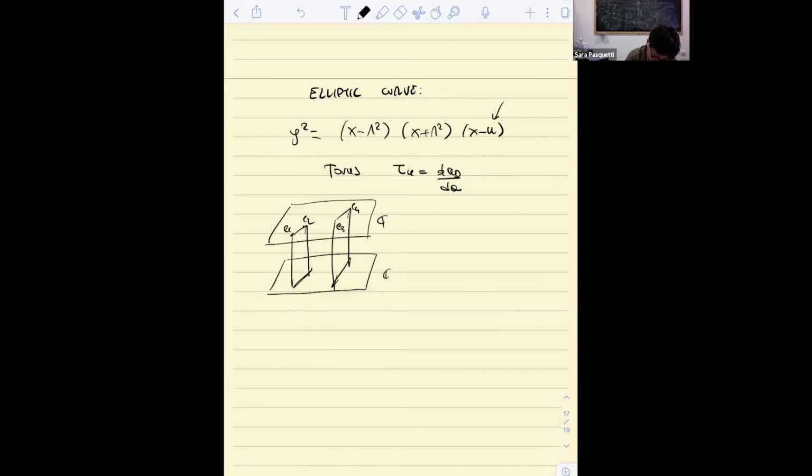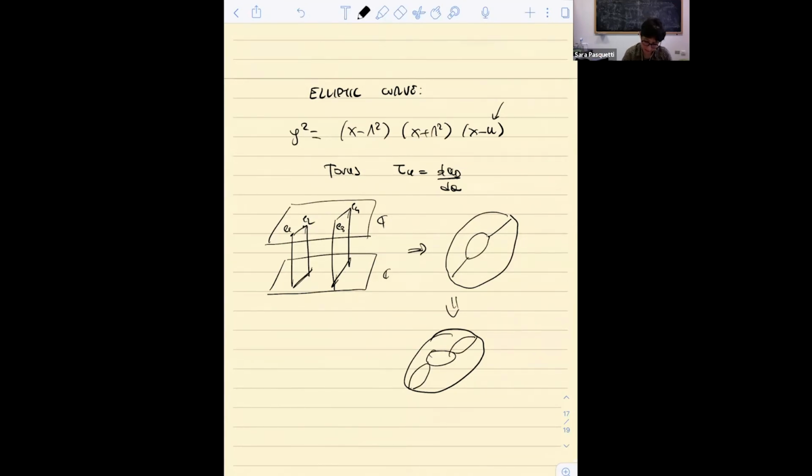Then you can think that this is just a torus where you have squashed the cycles. So these are the cycles of the torus, and they are here squashed into the cuts.